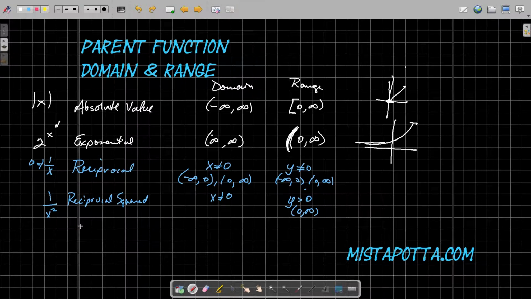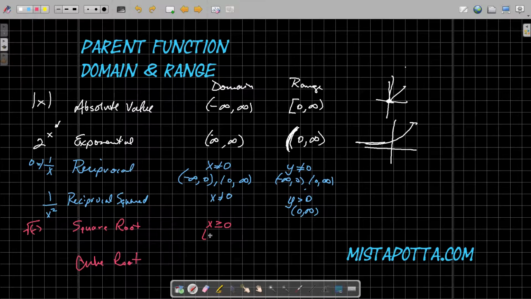The other parent functions that we have are our square root and our cube root. And again, we've talked about the square root in our last video. One of the things we noticed, of course, is that what's inside the square root can never be negative. So I really want to make sure that for our parent function, where it's just the square root of x, x must be greater than or equal to 0.